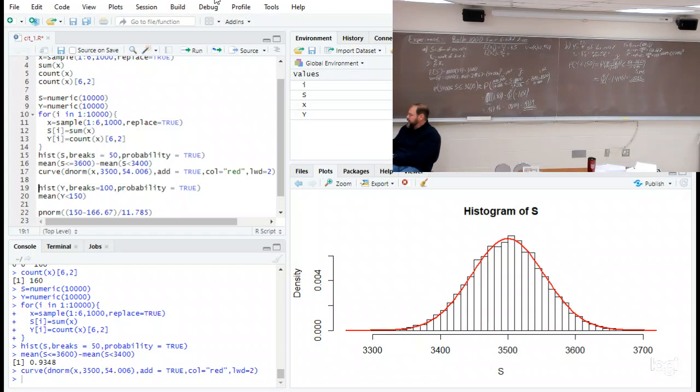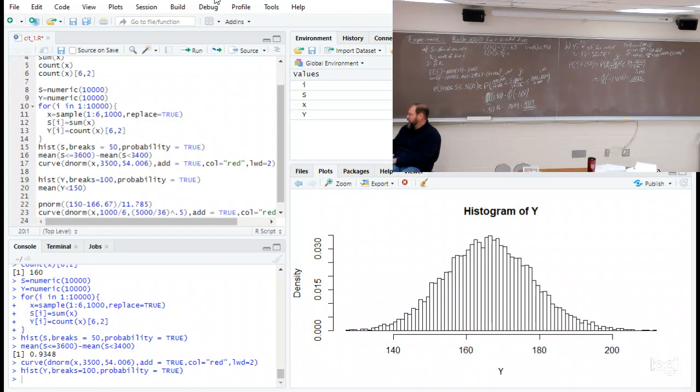So the other case, let's see, Y. Let's look at a histogram for Y. That's if I perform this experiment 10,000 times, the number of sixes I get in each of those experiments. Notice it seems to range on the lower end from about 130 to the upper range of about 210. Now I want to know, how many of those occurrences were less than 150?